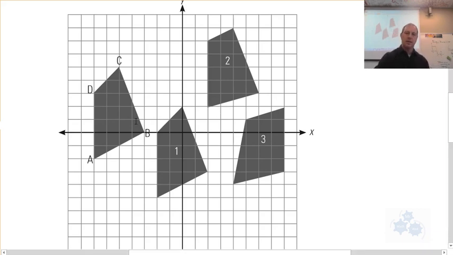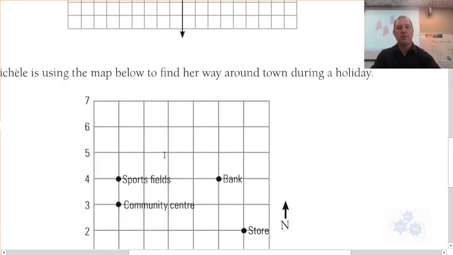Okay, yes, very good. In a translation, we're not changing shape or size, right? So it has to be the exact same shape, just slid over. And yes, in number 1, all the sides and all the angles are the exact same as the original. This one, you see this top angle here, not the same. And number 3, obviously, there's a lot different there. Okay? So that's that. And so number 1 is the translation there.